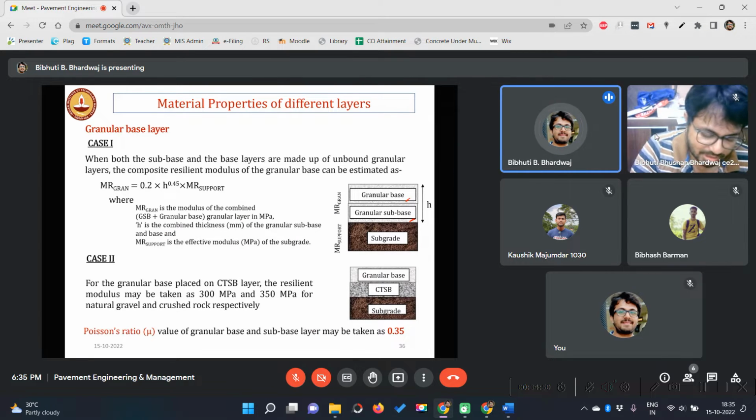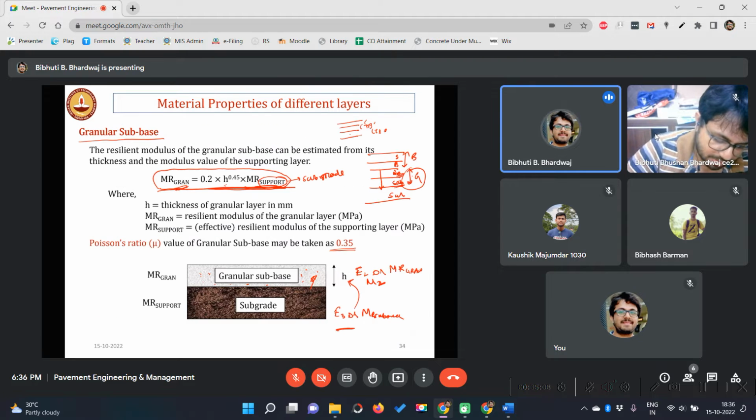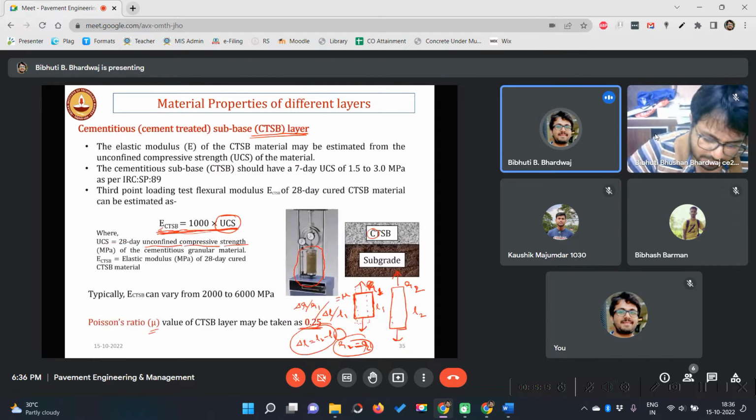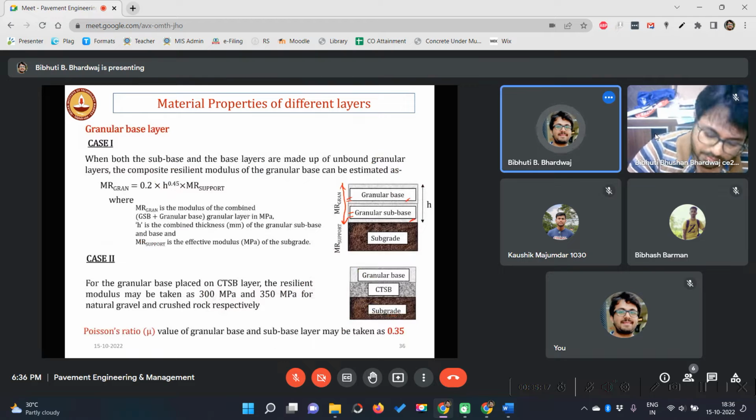So what about granular base? Here again, two cases are there. If you remember, either both the layers can be granular base and subbase. Then you have to simply consider this. If you remember in the formula, this was H, right? H was this, only granular subbase in that case. Now it depends whether above this granular subbase you have granular base.